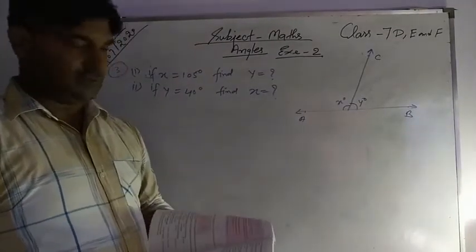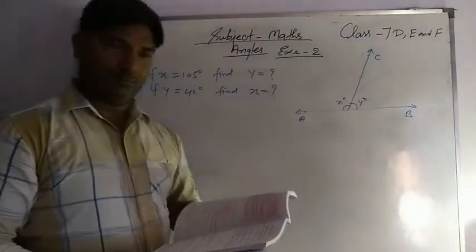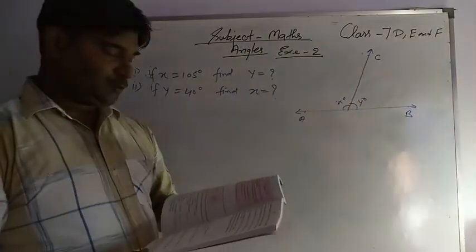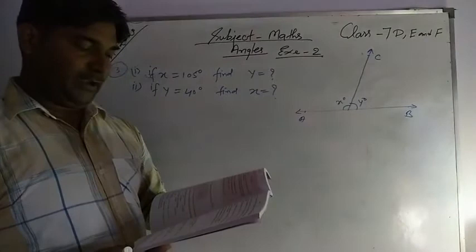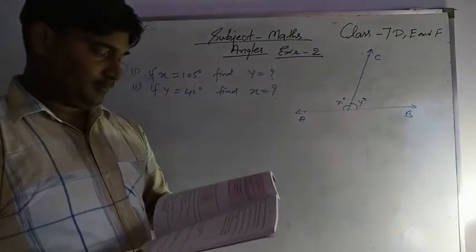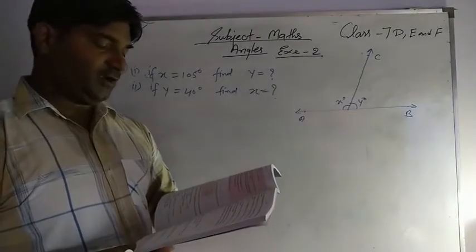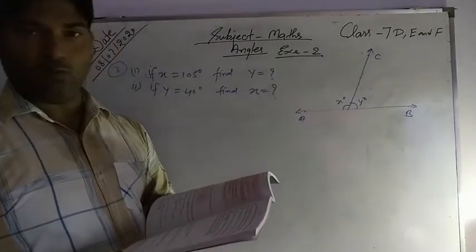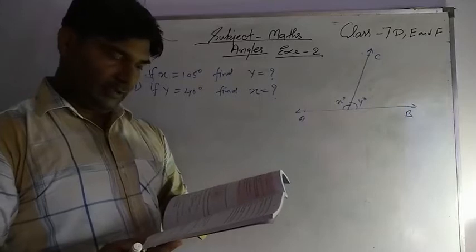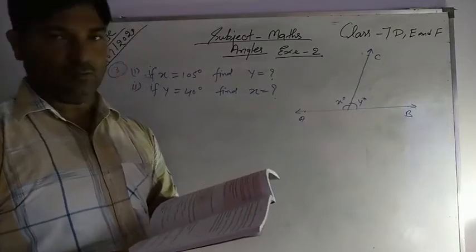Now we solve question number 13. Look in the book. The question is: in the adjoining figure, OA and OB are opposite rays. First, if x is equal to 105 degrees, then what is the value of y? And if y is equal to 40 degrees, then find the value of x.